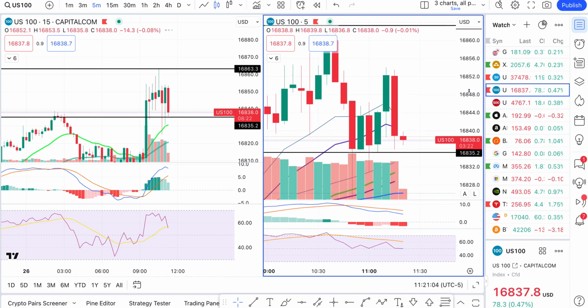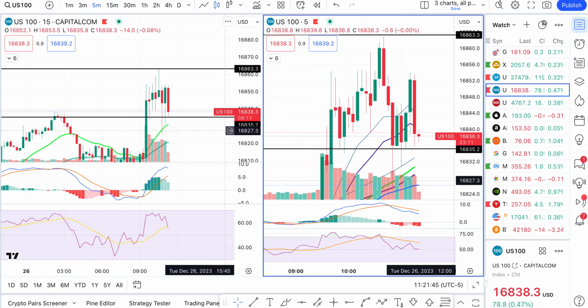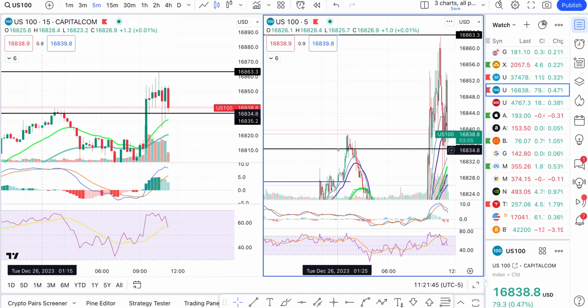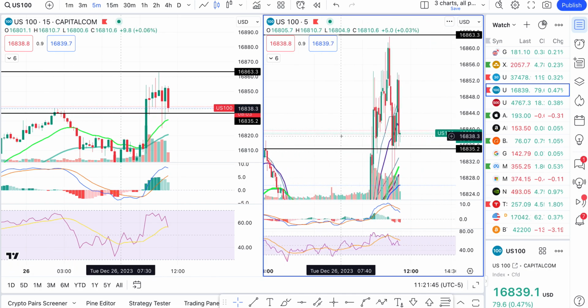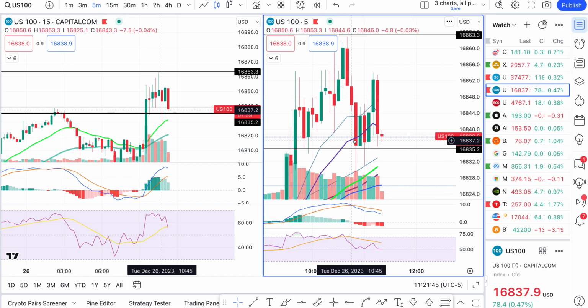So I decided to get in slightly early, as this Christmas tree bar was forming, which would have made it the second bottom in this pattern. Again, I'm playing off this pivot. I'm using this resistance line as a support line in conjunction with this 15-minute 8 EMA line.